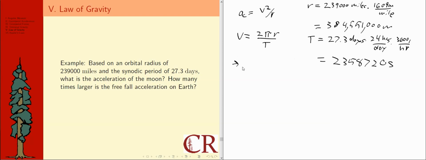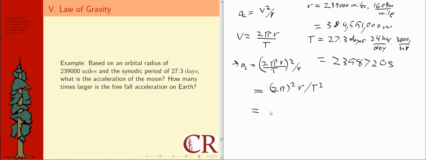So based on that, the centripetal acceleration will be equal to 2 pi r over T, all squared, and then still divided by another r, which I could write as 4 pi squared times r over T squared.